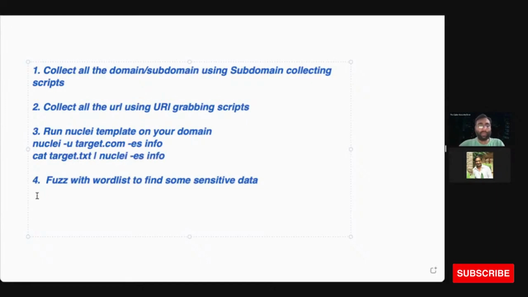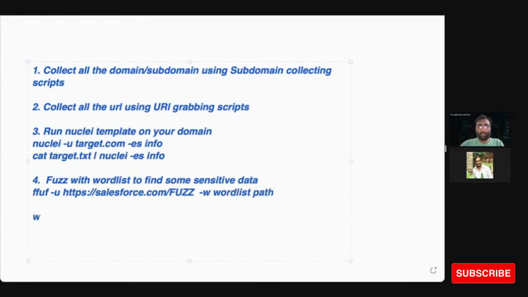And if you are fuzzing your target, use ffuf -u, give your target name, and then write FUZZ in capitals, and then give your word list path.